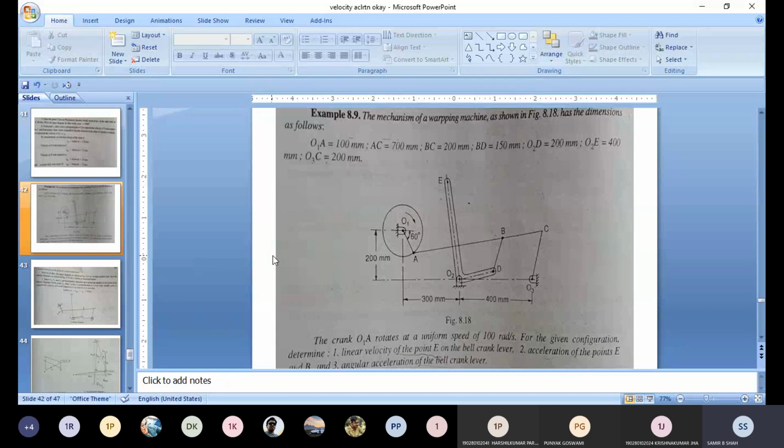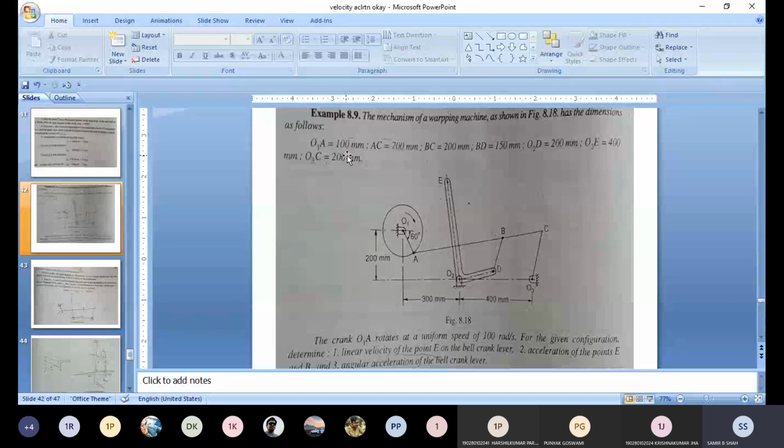If we start the velocity diagram, before that from the space diagram we understand that O1, O2 and O3 are the fixed points. The uniform speed, meaning angular velocity, is given to us, that is 100 radian per second. So omega of O1A is 100 radian per second, O1A is 100 mm, which we convert to meters, so we get 0.1 meter.